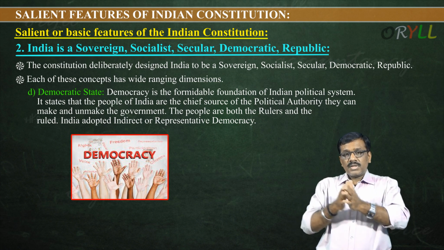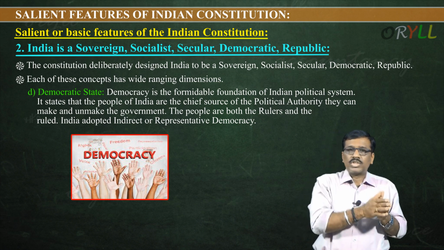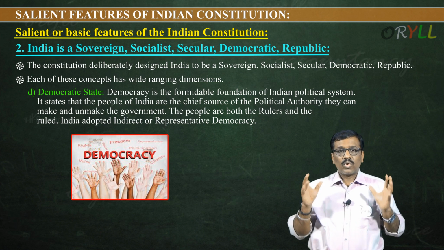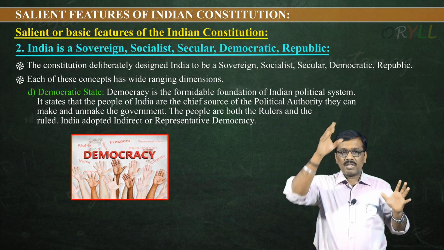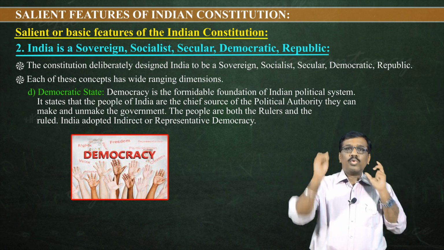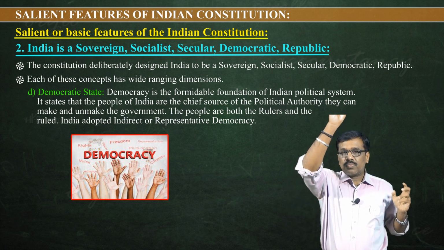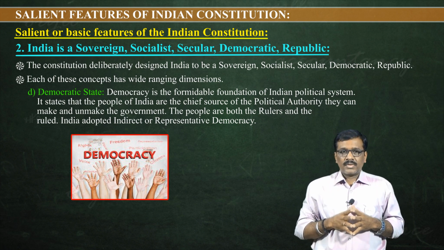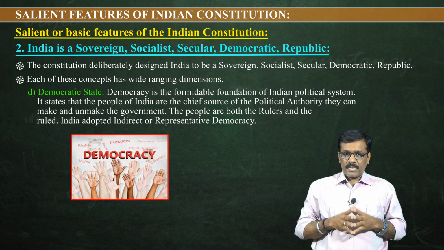Here, the ruled are the people, and the rulers are also people. 130 crore people cannot rule by sitting there, so we choose representatives among ourselves who sit in the legislative assemblies, councils or parliaments, and they rule us. So in a way, it's a rule by the people.